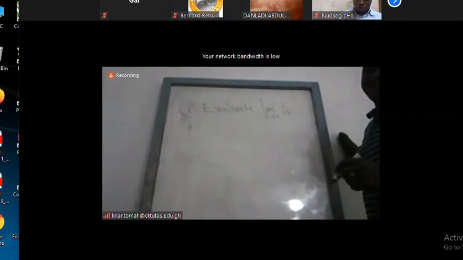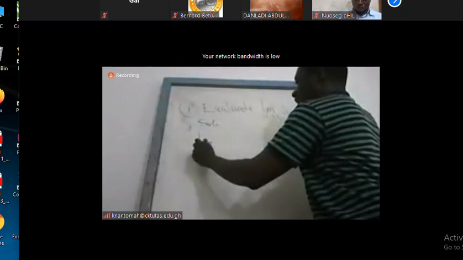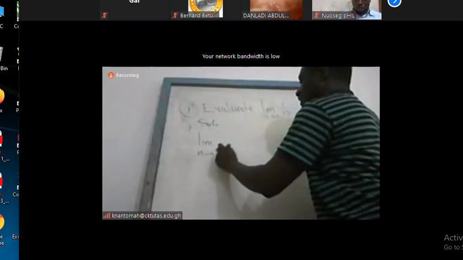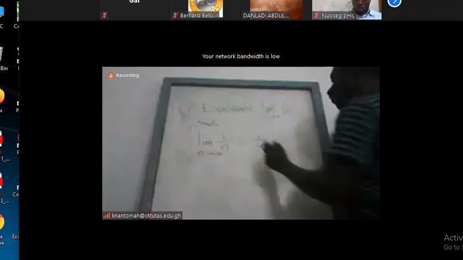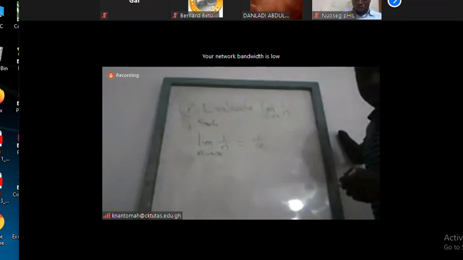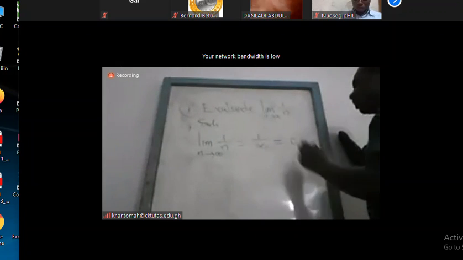So the solution would have been that the limit as n goes to infinity of 1 over n is equal to 1 over infinity. In place of the n, we put infinity. So when it gives us 1 over infinity, we know 1 over infinity is 0.